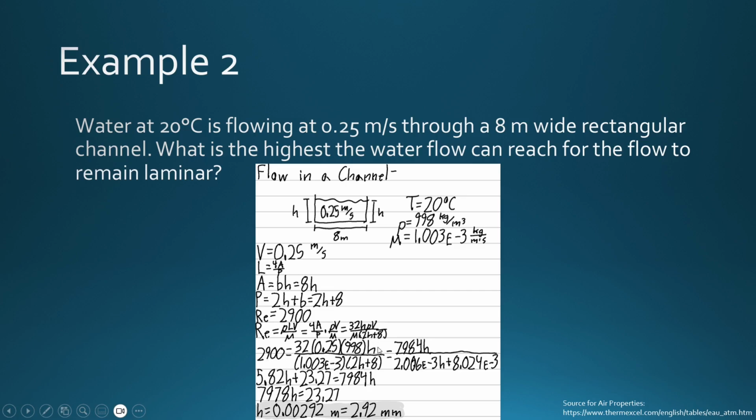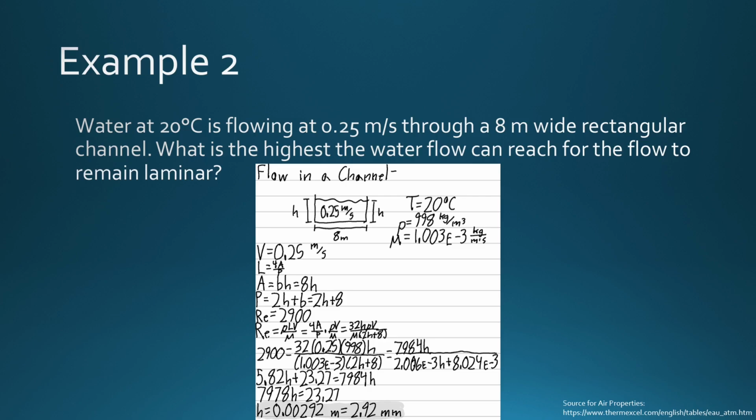Then just plugging in all of our numbers and solving for H, we get that the maximum height that the water can reach and still remain laminar is 0.00292 meters, which is 2.92 millimeters.